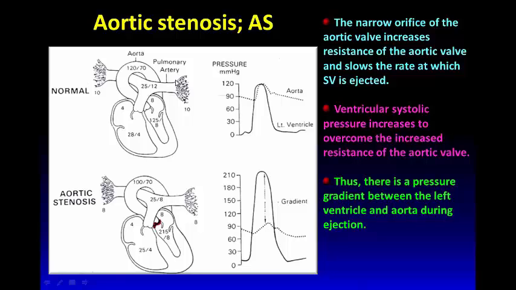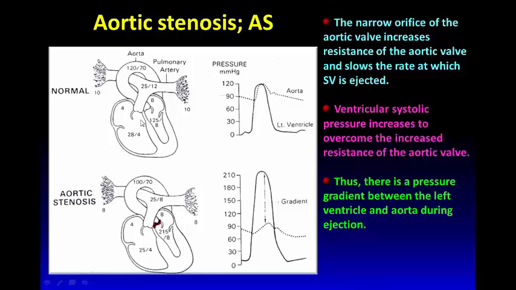In this panel, the aortic valve orifice is normal. There is no narrowing of the aortic valve orifice, and when the aortic valve opens during ventricular ejection, the left ventricle and the aorta behave as if they were one chamber.